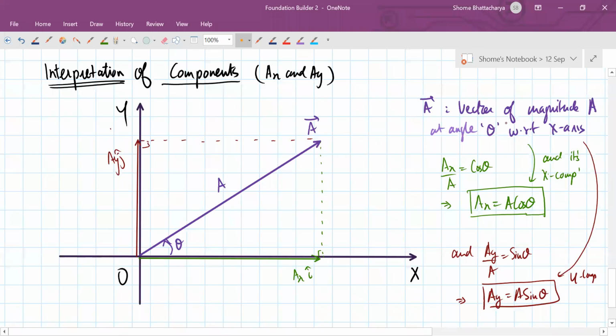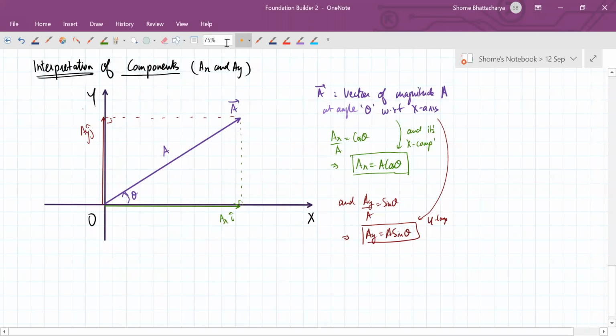So anytime we draw a vector whose magnitude is capital A and whose angle with the x axis is theta, then automatically what do its components become? The x component becomes A cos theta and the y component becomes A sin theta. So this becomes the relationship between the vector in terms of magnitude and direction and the components. Okay, so therefore for any vector, the quantity ax is nothing but magnitude into cos theta.